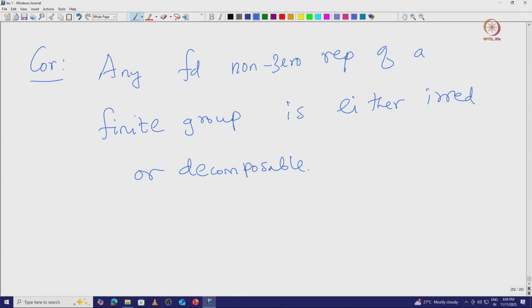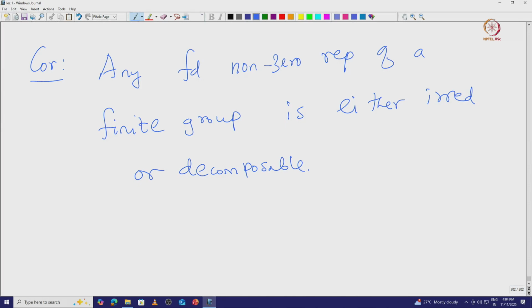Like I said earlier, if you have equivalent representations, then they behave exactly the same. So, if one is irreducible, then the other one is irreducible, and if one is decomposable, that implies the other one is decomposable.